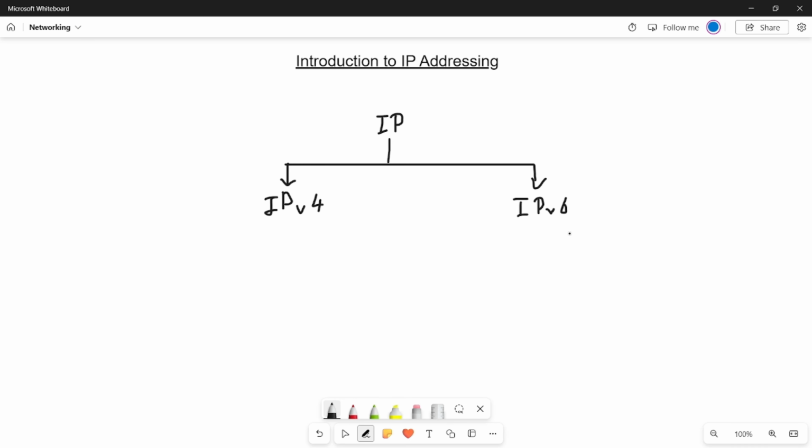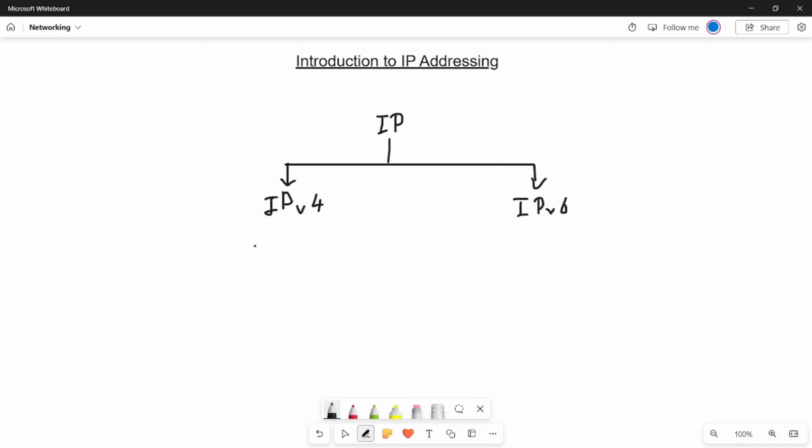In this video, I'm focusing on IPv4 addresses, how they behave, and how we can use them for subnetting and similar things. So let's move on to our content. When we consider both IP version 4 and IP version 6 addresses, there are some differences to identify.